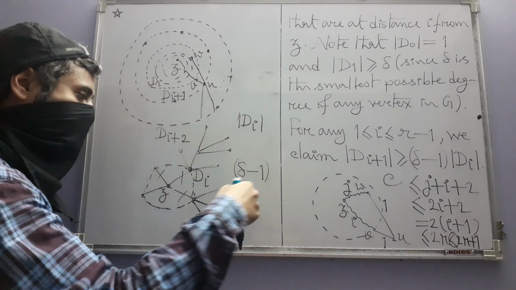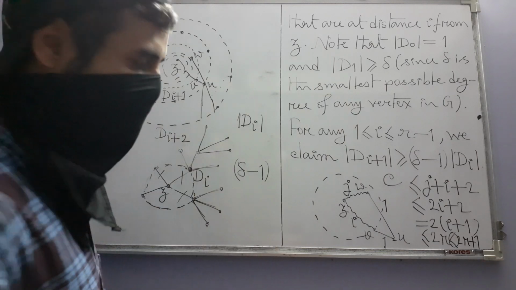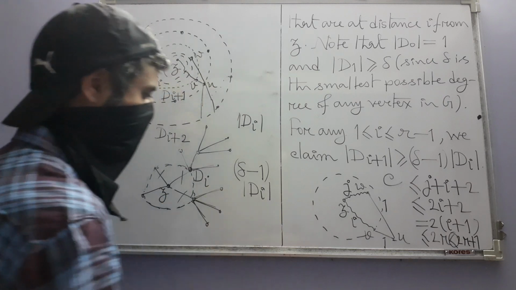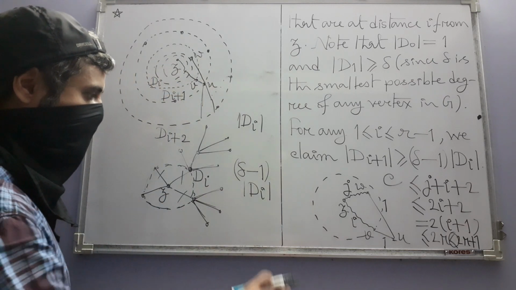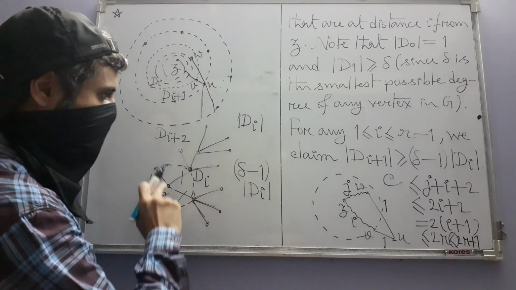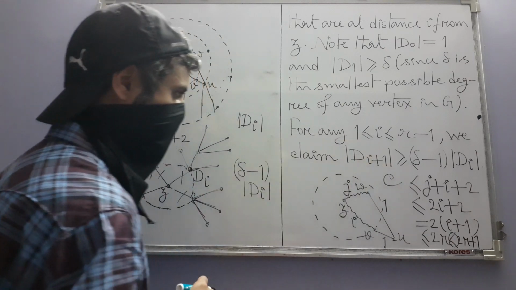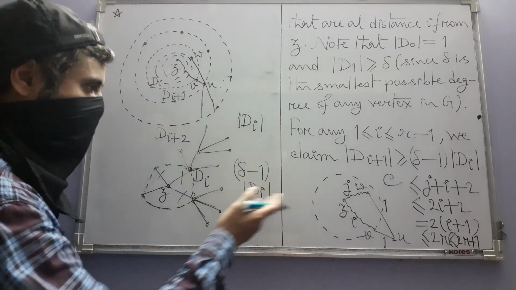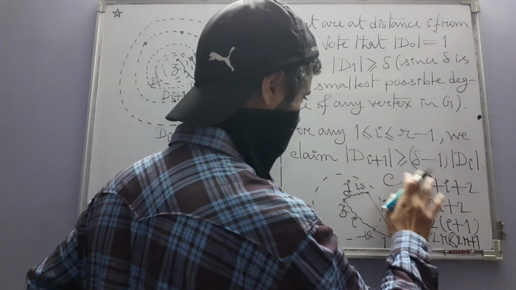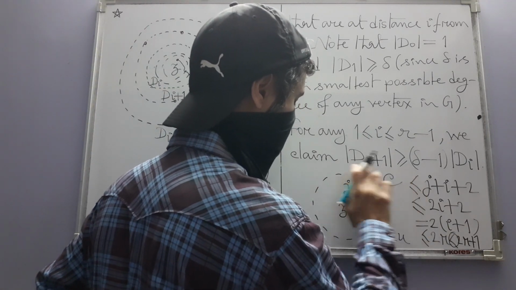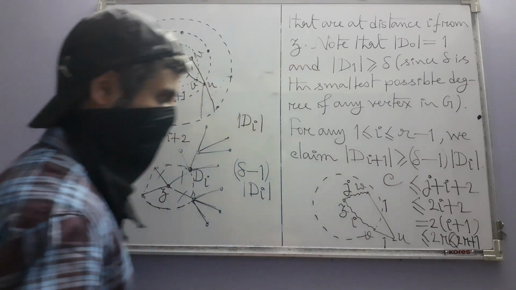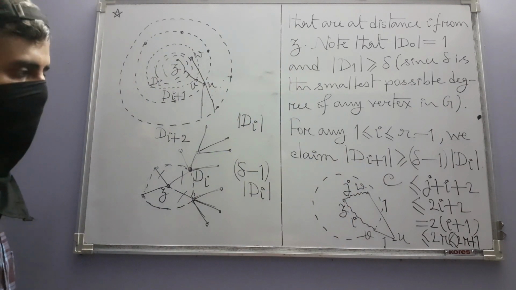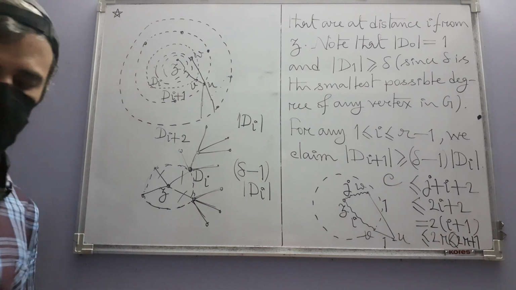That will give you further vertices in Di plus 1. So you multiply this number by the number of vertices Di has. So that many vertices will be there in Di plus 1 at least. Okay, at least means actually it will be equal, I think. But we don't of course need equality. Inequality is enough. So that's how we have this inequality. Now let's write these things.